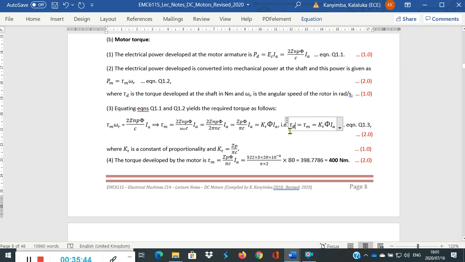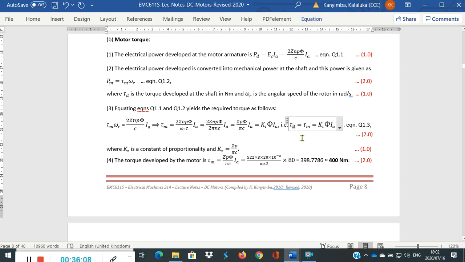So the torque developed at the armature is equal to the torque at the shaft, if we assume losses are negligible, is equal to K tau, a constant of proportionality, times phi, useful flux per pole, times Ia, the armature current.